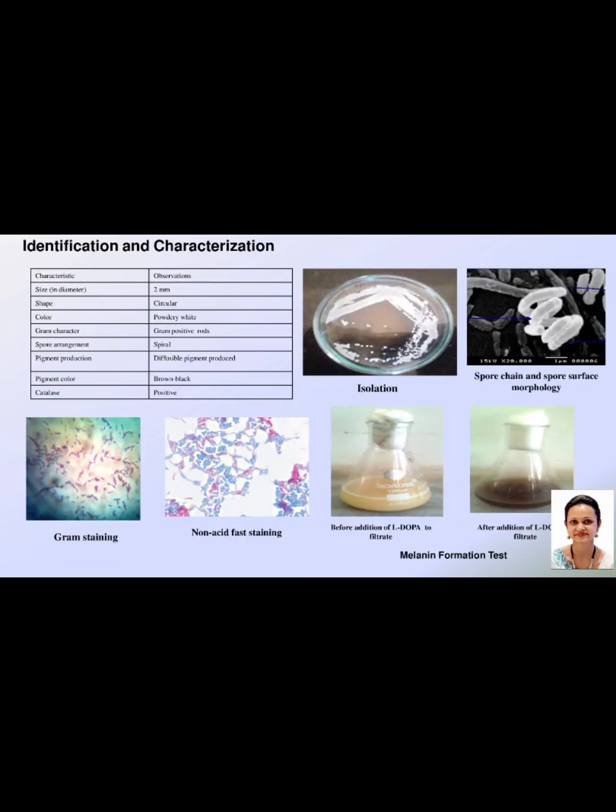Now next is the identification and characterization. The isolated organism had circular colonies 2 mm in diameter, powdery white colonies showing on the tyrosine casein agar. Staining showed gram positive rods, non-acid fast, with spiral arrangement, producing a diffusible brownish black pigment, and the organism is catalase positive.